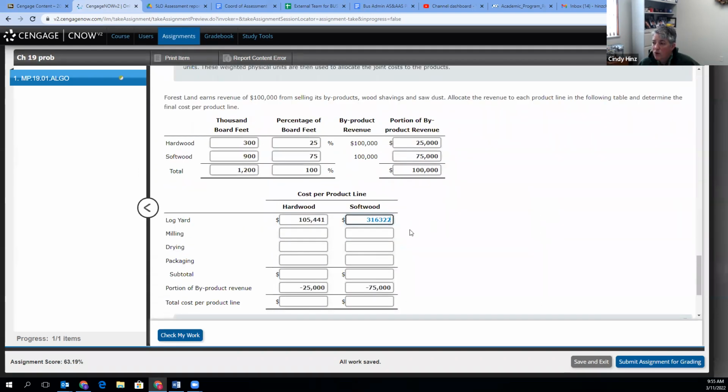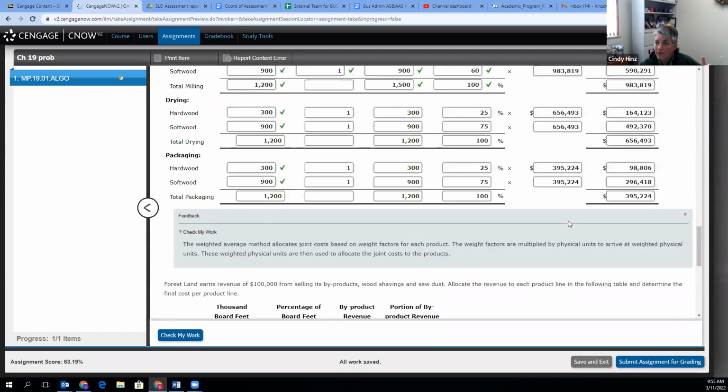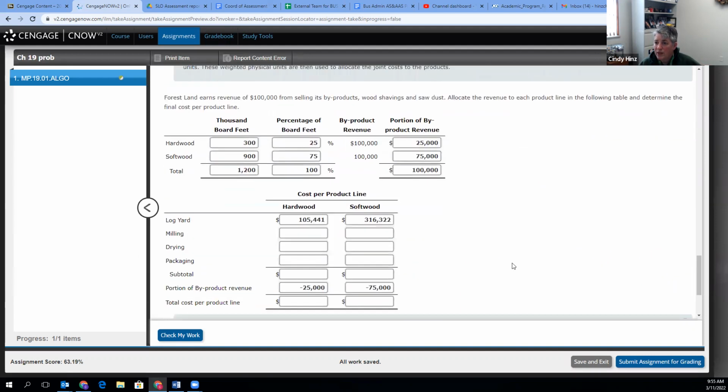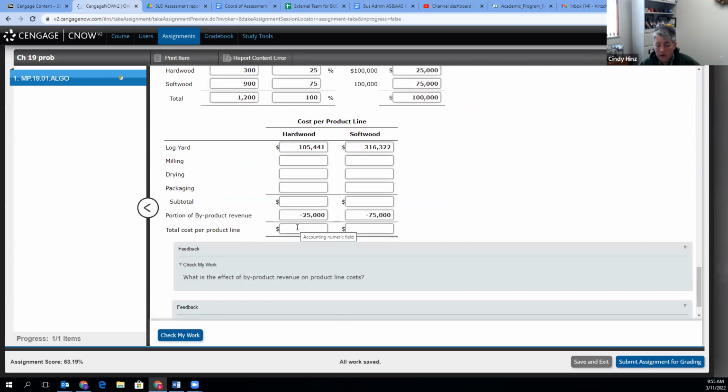I'm going to pause the recording one last time to allow you to pull in those numbers from this allocation table. So we're taking just this final column, separating out the hardwood numbers from the softwood numbers so we can get a total cost for each product line.